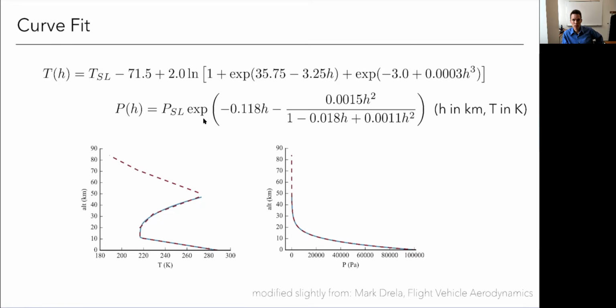So with temperature and pressure, we can just use these equations instead of having to use this table and try to have a bunch of if-else cases. We can put this in just a couple of lines of code here, plug in an altitude, get a temperature and pressure. From ideal gas law, we get a density, and that allows us to predict our properties in the atmosphere as a function of altitude.